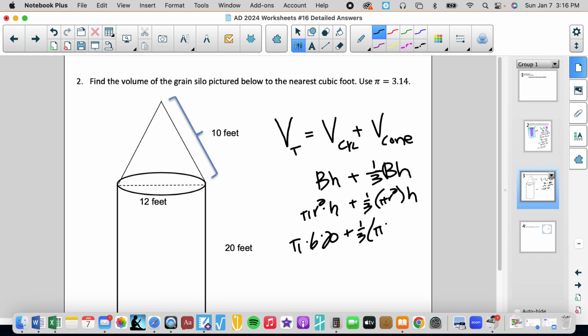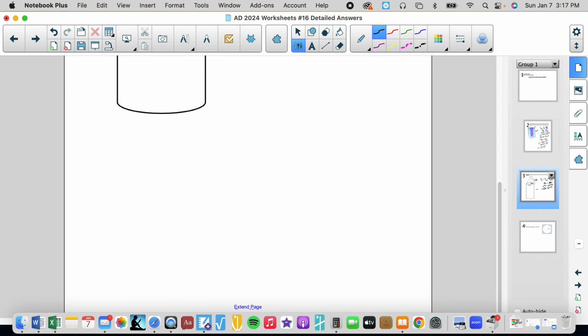again, of my cone is going to be 6 squared. Oh, forgot to square that back there. Times the height. Now the height, here we go again. They give us 6 feet. That is the slant height. We don't want the slant height unless we find the surface area, but we're finding the volume. So we have to do a little side math here.